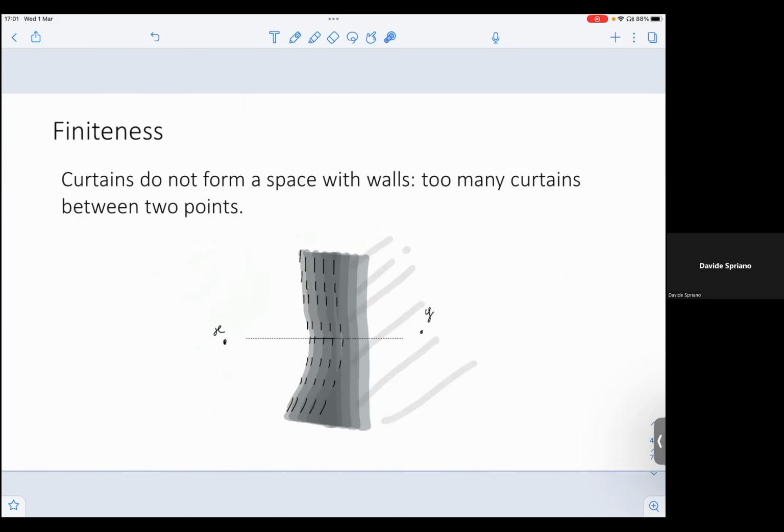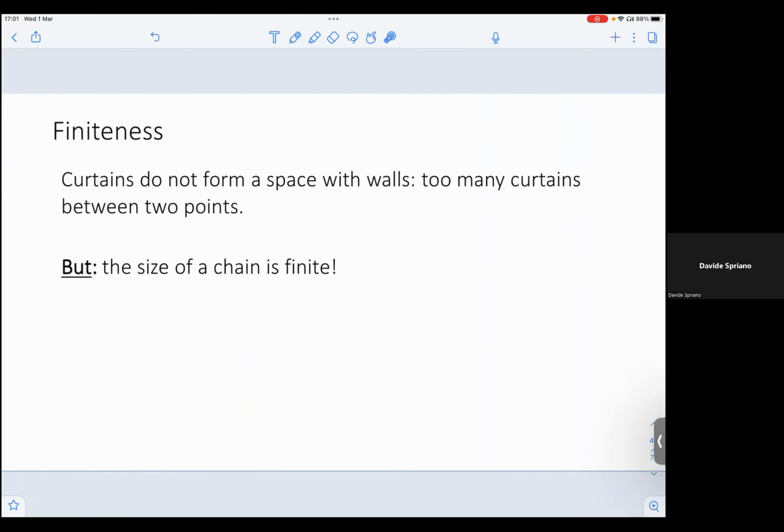But then if I have 2 points, and I just take a geodesic between them, I can easily fit infinitely many half spaces determined by curtains by just sliding the curtain by some very small real number. Okay, right. However, this was for the expert.